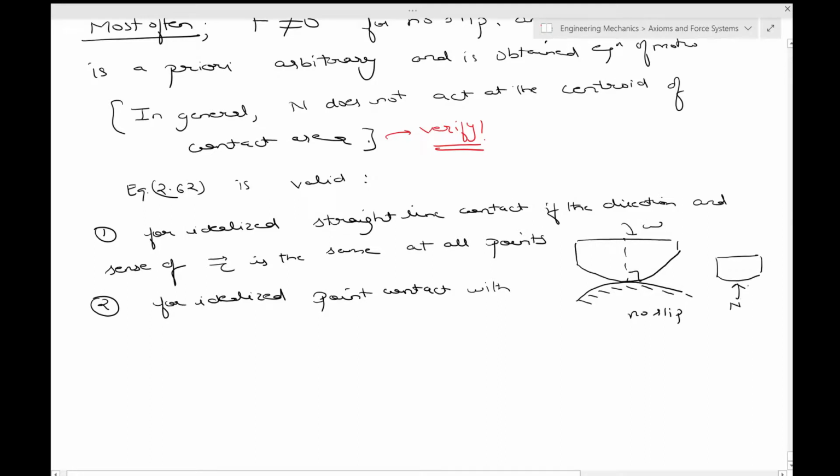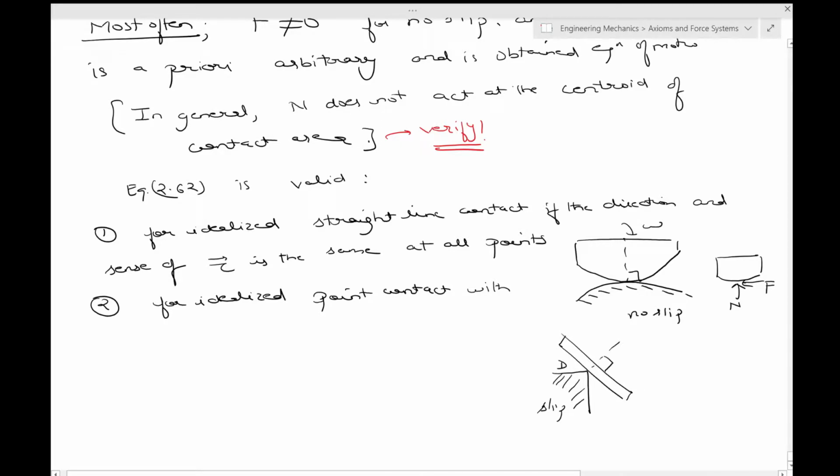So this is an idealized point contact between two rigid bodies. Okay. Similarly, you can have, say, there is a slip. So this is a rod which is contacted at this point, idealized as a point contact.